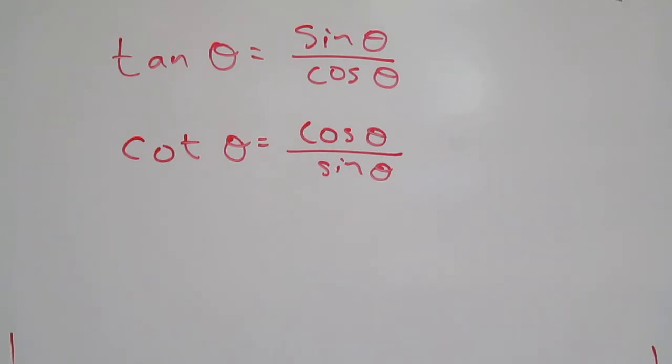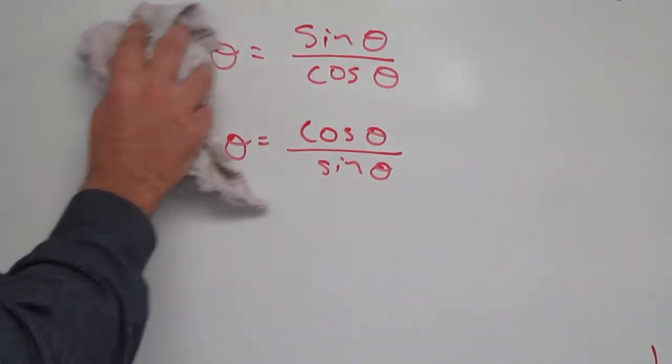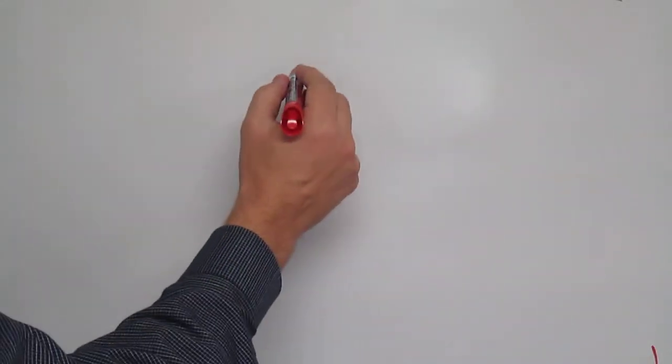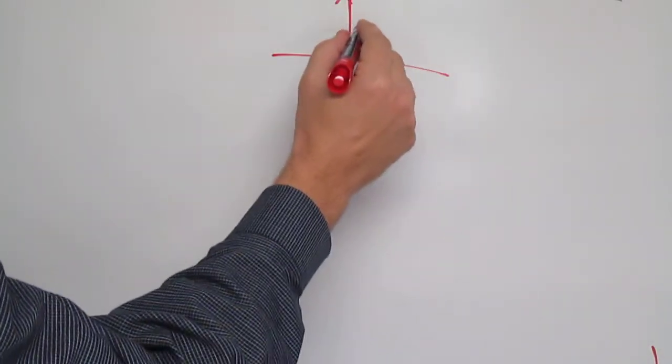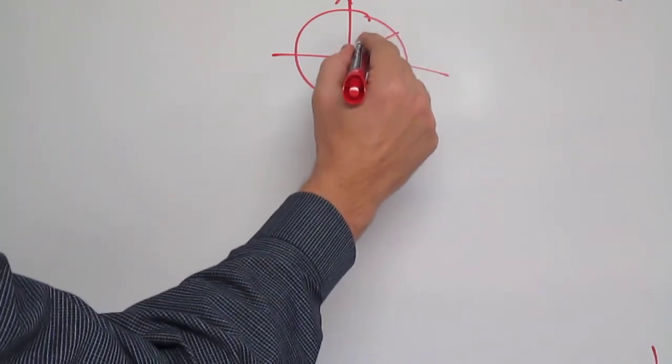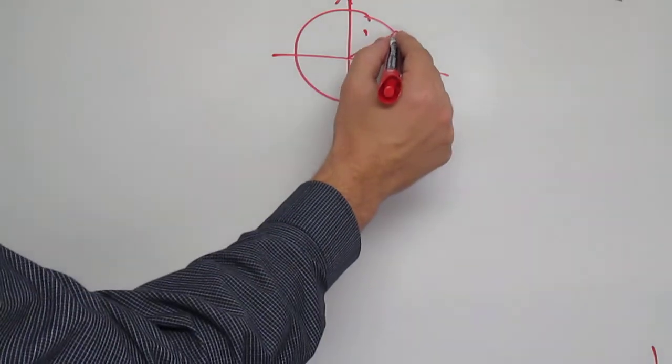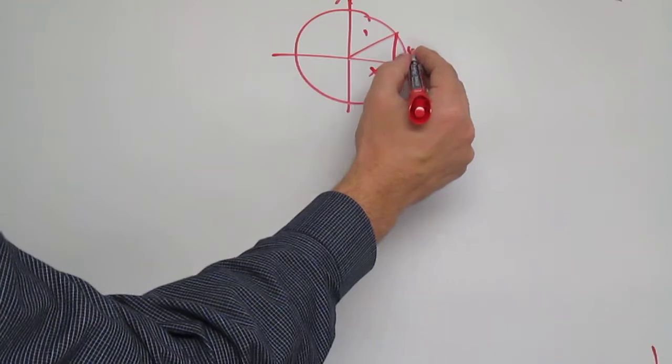Now, the next thing I want to go over is the Pythagorean identities. There are 3 of them, but really, I can honestly say I remember one very well, and then I can figure the other 2 out. It's also going to show a relationship here. If you remember when we set up the unit circle, we had this idea that the hypotenuse is 1, and we had x and we had y.